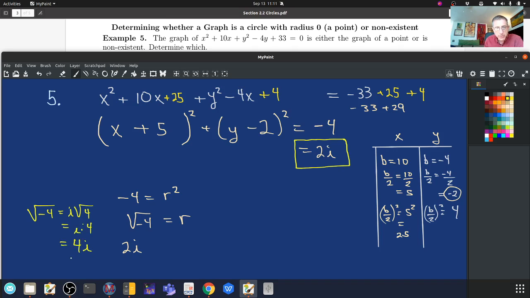So this is a pure imaginary number. It doesn't have a real part. Times 2, which is equal to 2 times i. There we go. So I don't think this part is required, but it's interesting.